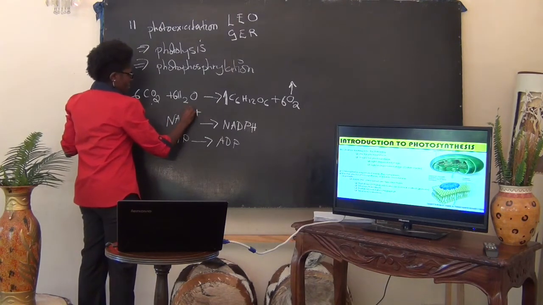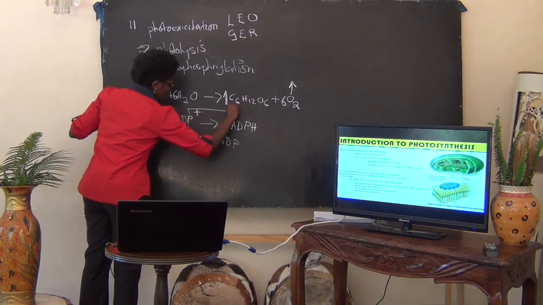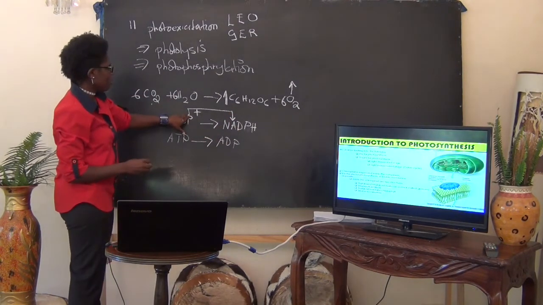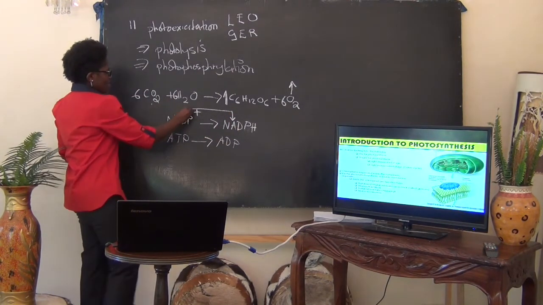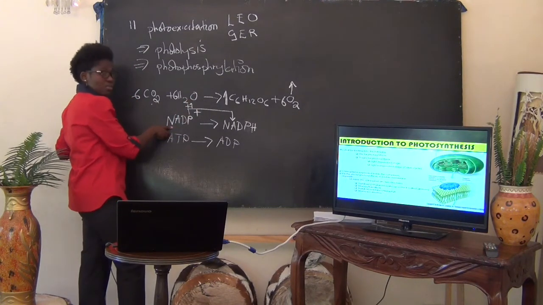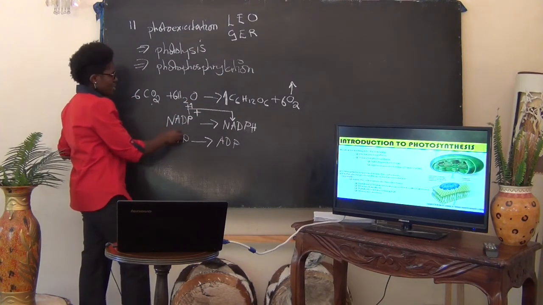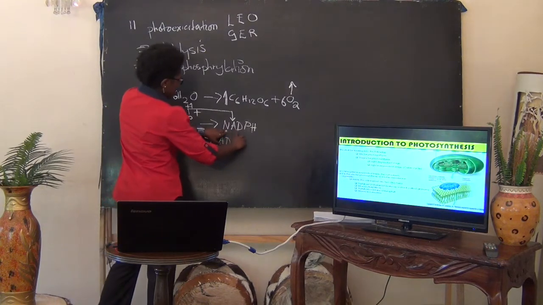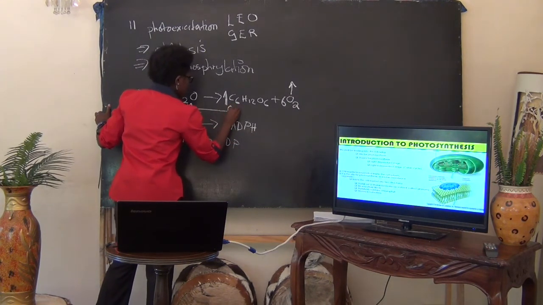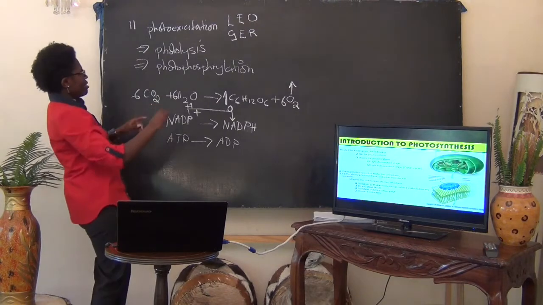So we are moving from this state coming to this other molecule. And what we have here in terms of oxidation state, this one is a +1. And this is meaning to say that this molecule has lost an electron. And this one, NADPH, the oxidation state is 0.